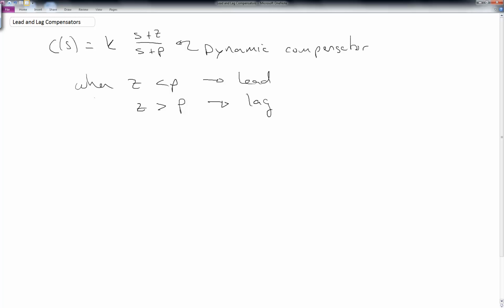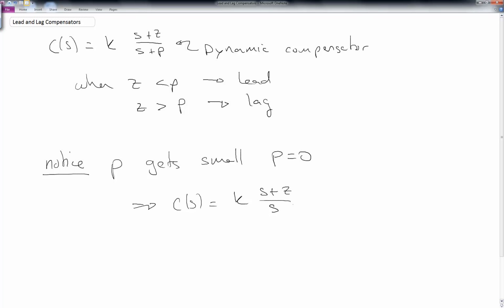The reason these are useful is because notice the following. When p gets small, or in fact in this case we can let p equal 0, then our control law is given by K times (s + z)/s, which is just K times (1 + z/s). Well, this looks a lot like a PI controller.